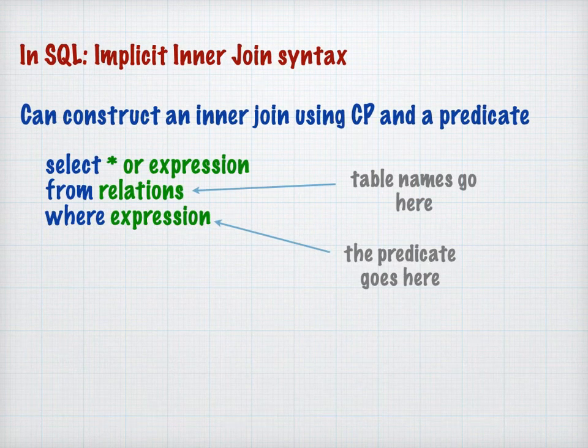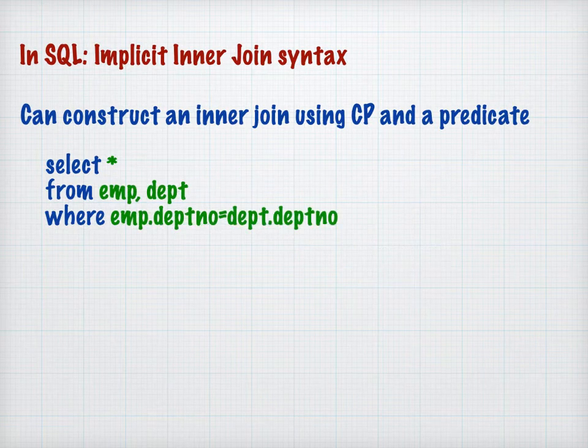Now, the way that we do that in SQL is like this. We basically use the Cartesian product and the predicate. So the second line, that's where we're doing that Cartesian product. And of course, instead of using a cross, we use a comma. So we go emp, comma, department. And then on the third line, we do a selection, and we do that after the where clause.